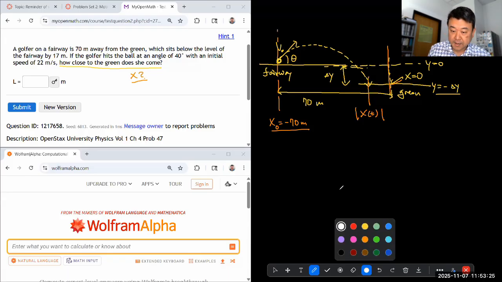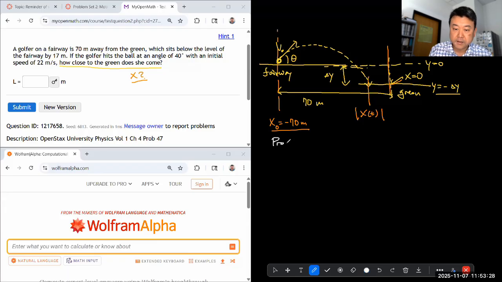Now, this is a projectile motion question, and whenever you identify a question as a projectile motion question, there are two things that are very useful to do. One is to, I guess I kind of implicitly did already, break your motion into x horizontal and y vertical components.